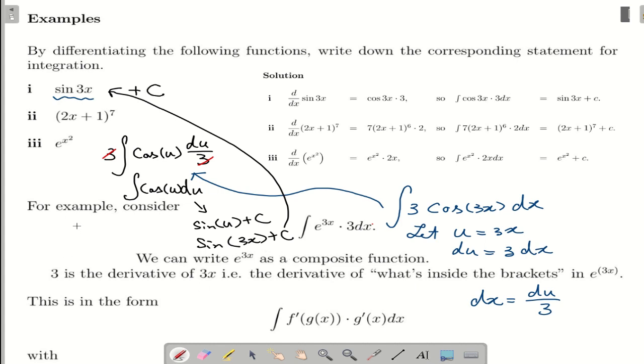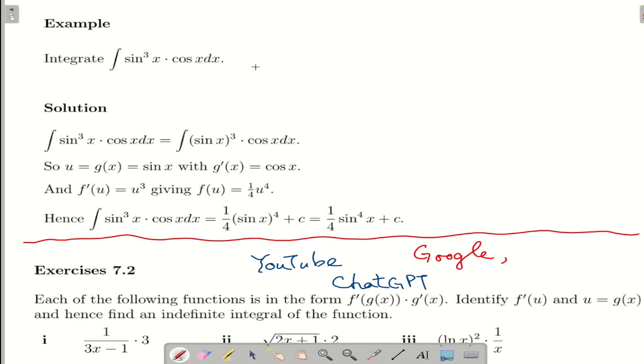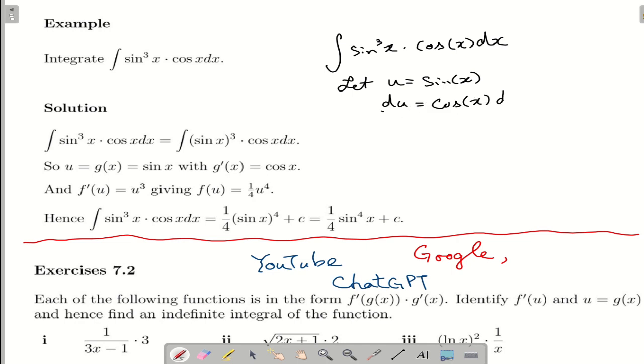Now we do some exercise about this chain rule. If you want to integrate sine cubed x multiplied by cosine x, you just let u equal to sine x, and then du is equal to cosine x dx. That means dx is equal to du over cosine x. And then you substitute this function here. You get the integral of sine x to the power of 3, that means you have the integral of u to the power of 3.